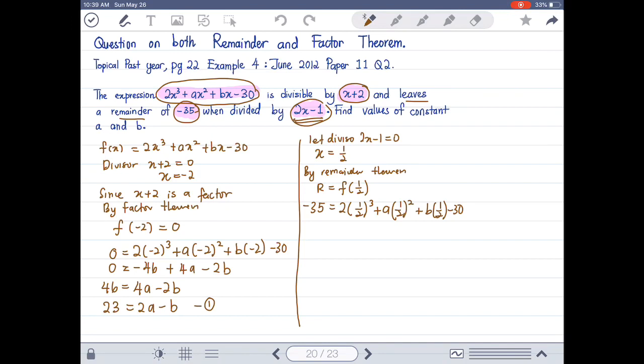Let me use my calculator for a while. So what I get here is 1 over 4 plus 1 over 4a plus 1 over 2b equals to, okay, this one I bring to the left hand side, so it becomes plus 13, so we will get negative 5.